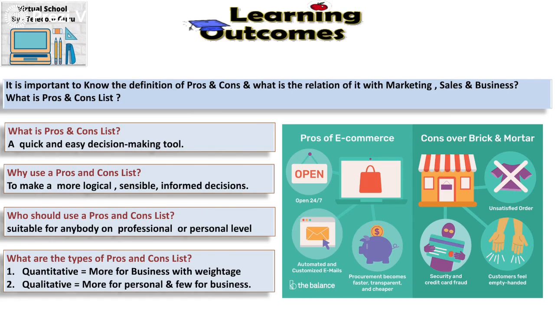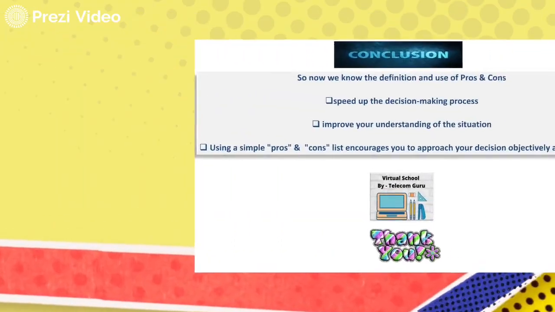But what are the cons? Security and credit card fraud online. Sometimes delivery is late. Sometimes you don't feel like buying a product or service without holding or using it yourself, because it gets delivered to you. So you have pros and cons, and you should decide which one is better for your business or your usage. This is one of the examples.